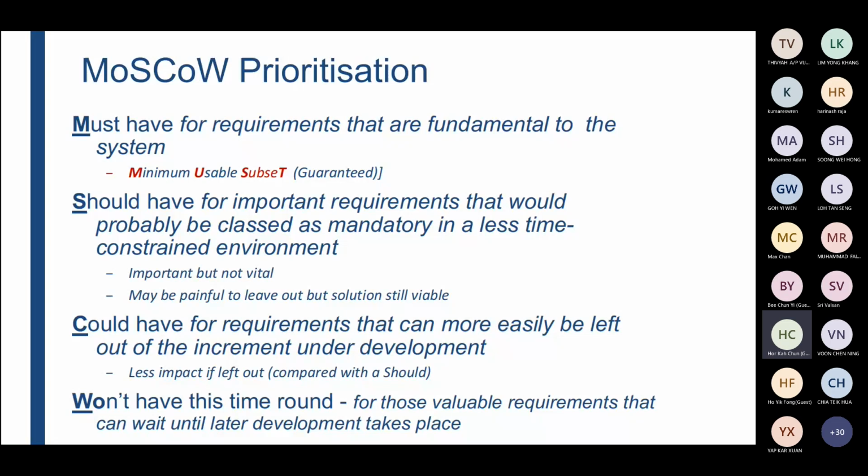All right. The first, M, and O, small o: Must have, for requirements that are fundamental to the system. Fundamental to the system means to produce your product, to carry out all the work. Must have. So that's why they put the M, must have, for requirements that are fundamental to the system, or we call it the minimum usable subset.